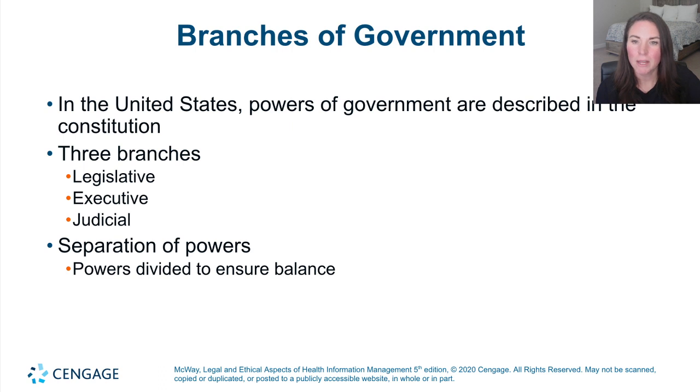So, like I said, we have 3 branches in our government: the legislative, executive, and judicial branches. Each one has specific powers or responsibilities that they do, and they cannot do any of the other branches' powers. So this is called separation of powers, and it was made this way so that no one branch could take over, basically.